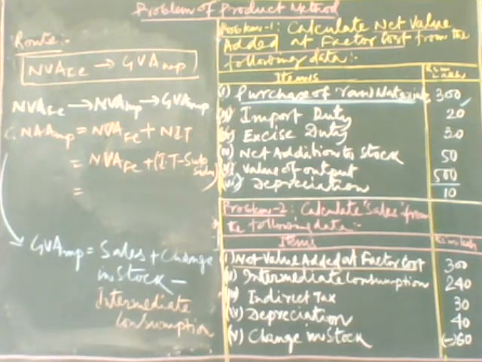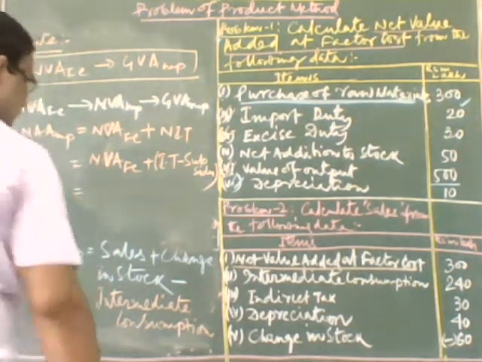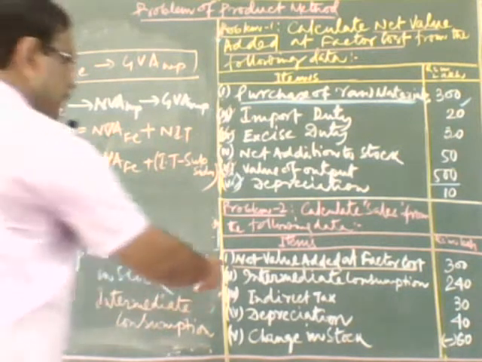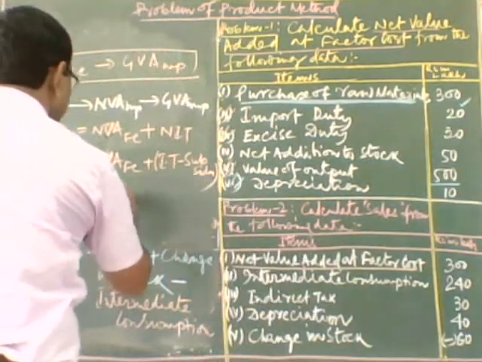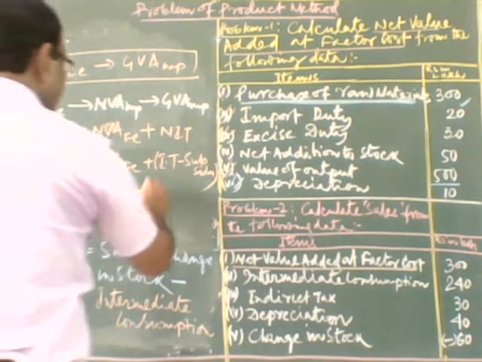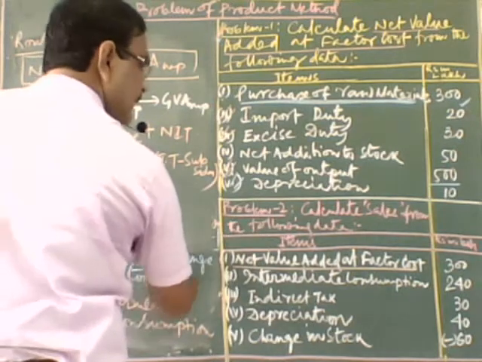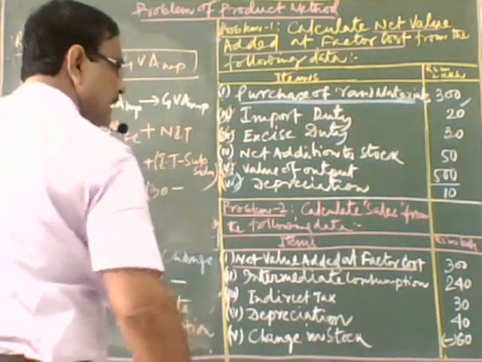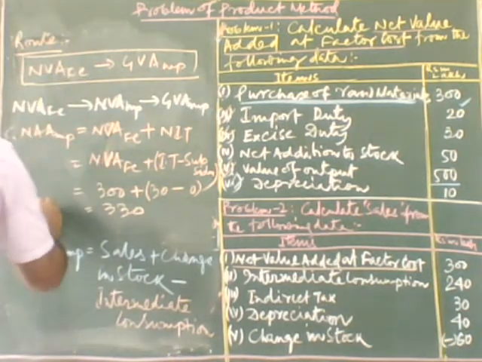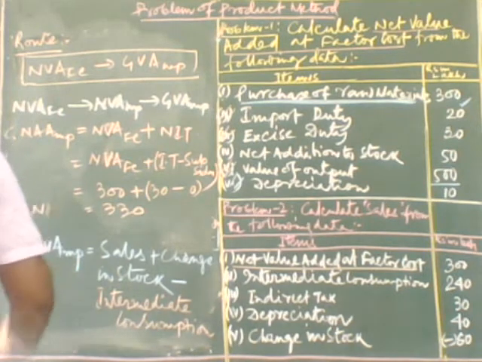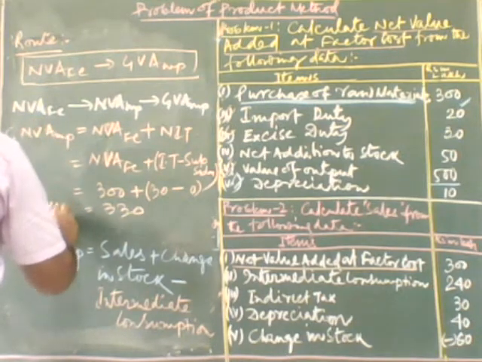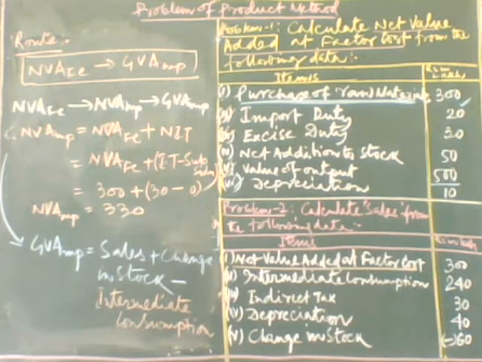NVA at factor cost, that value is 300. You have to put 300 plus indirect tax, already given, that value is 30, minus 0, is equal to 330. So NVA at market price is equal to 330.